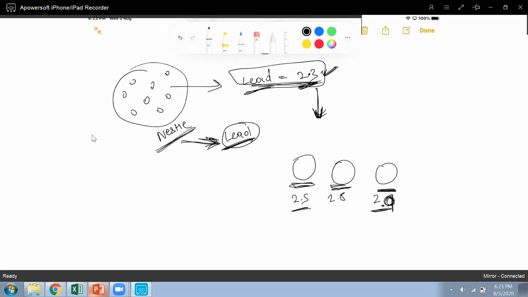So they are finding that the lead content is more. So by looking at these values, can they say that the Nestle company is including more lead? Can we say that by looking at these three samples?